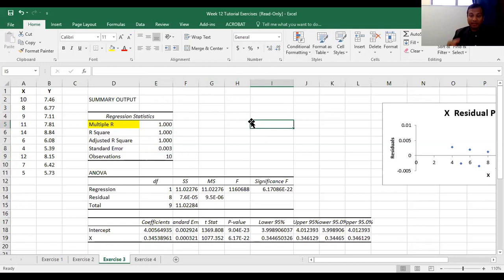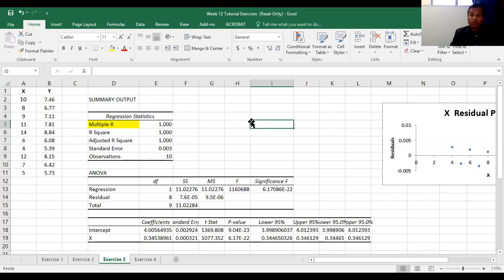But what is important here is how to interpret this value. R tells how strong the linear relationship is. In the scatter plot, we observe that there is a positive slope between x and y, so there is a positive relationship between the x and y variables.